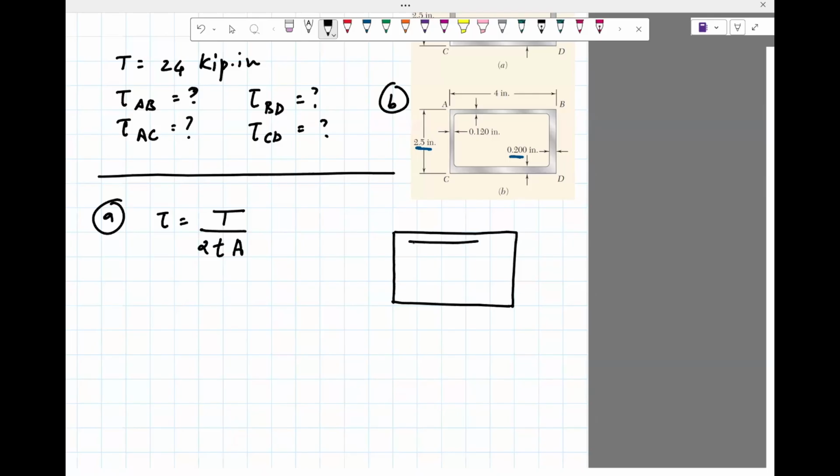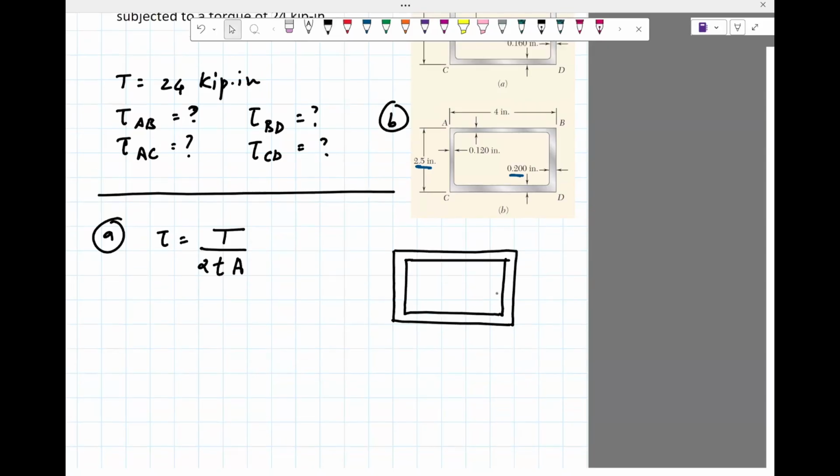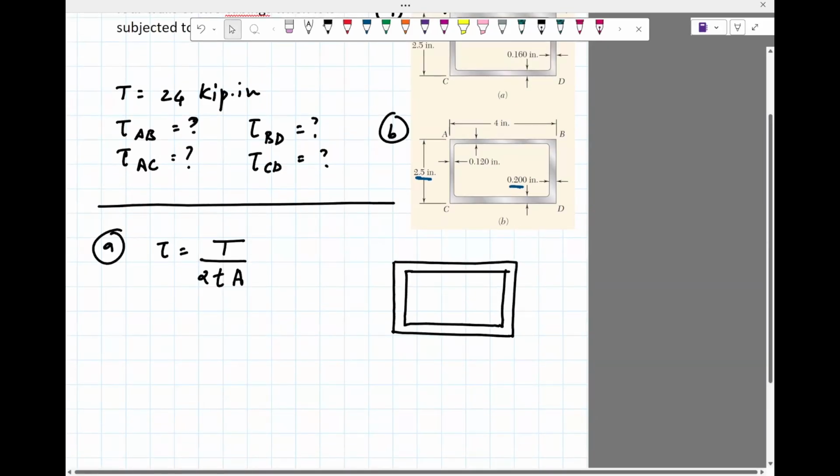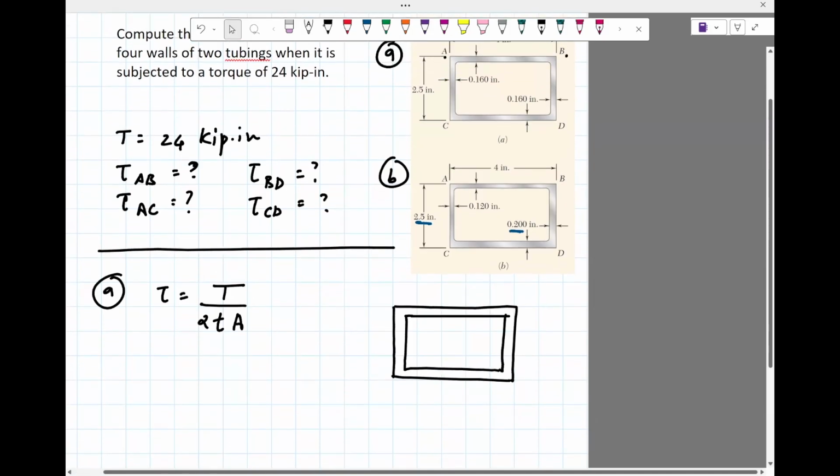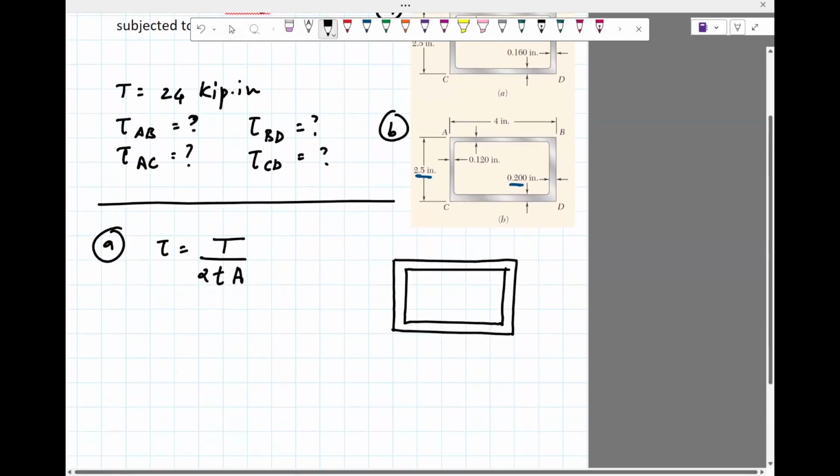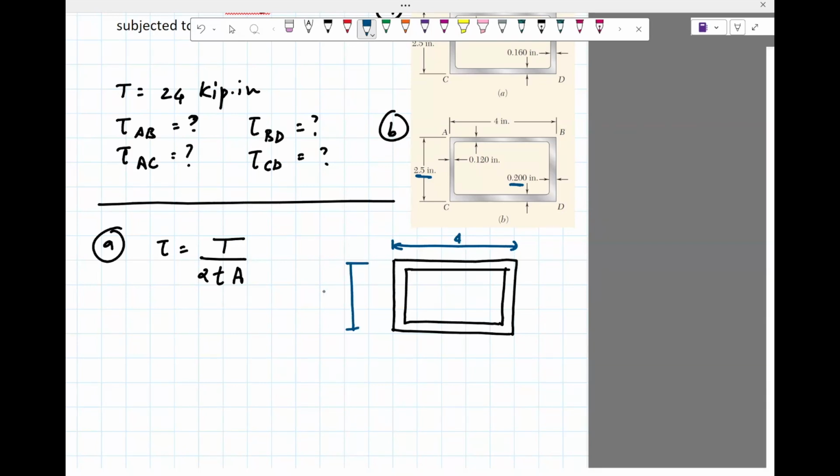Okay, and then remember for the area, let's put the dimensions: 4, 2.5, and then 0.16.